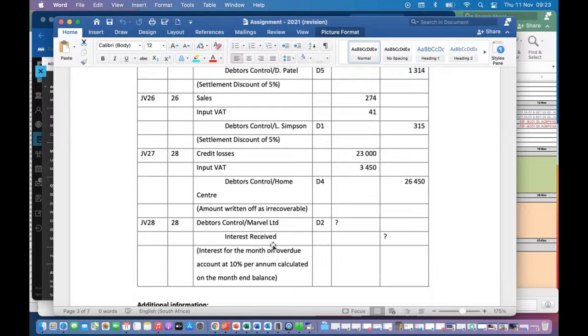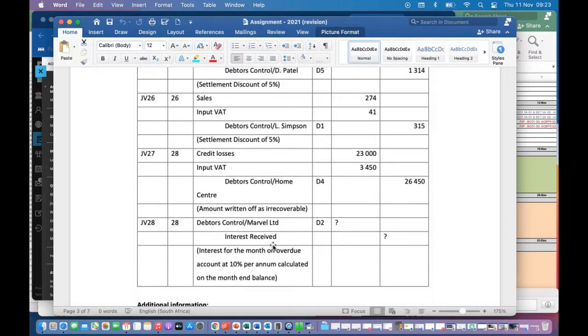So the next one here, we now have a credit loss on the 28th. Again, we're saying, what did we do to the debtors control? We credited it. We know that a credit loss is going to reduce. So what are we going to label this as? We look at the contra accounts, credit losses and VAT. Those are the two contra accounts.